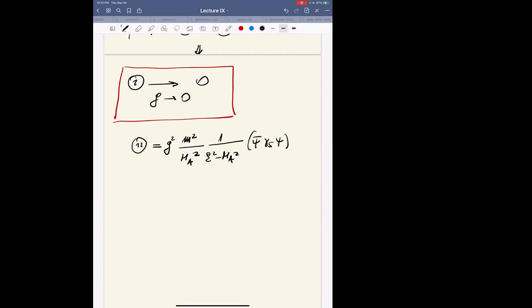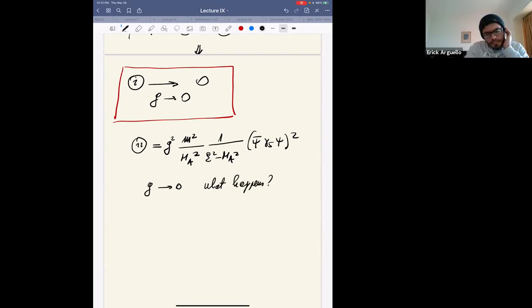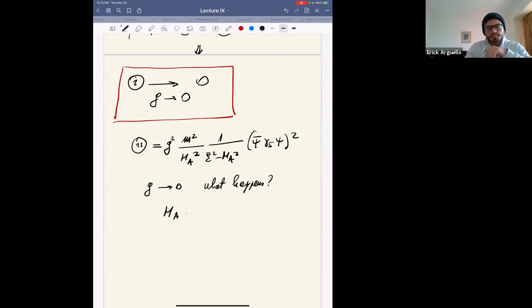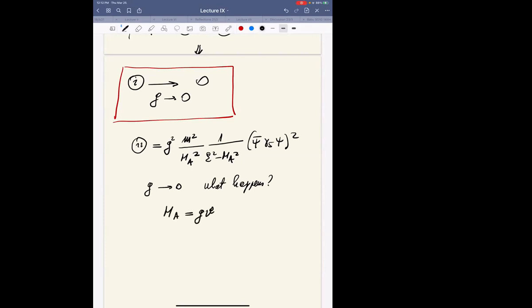So what happens to this when G goes to 0? What happens? I need help. There also m_A goes to 0. Very good. It does not go to 0. What is important to remember here is that m_A is G V. That also goes to 0. Very good.